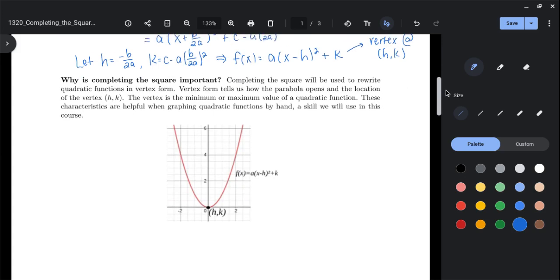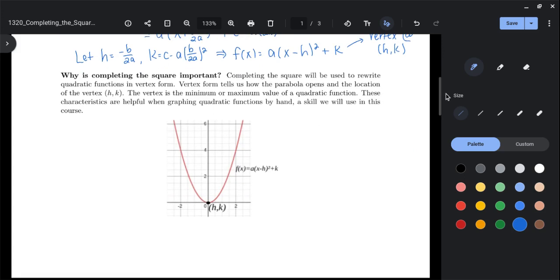So completing the square, why is it that we're wanting to put a quadratic function into vertex form? The reason is because the vertex is super important for different properties of our graph. So one of the properties is that it tells us if or where our maximum or minimum value is.